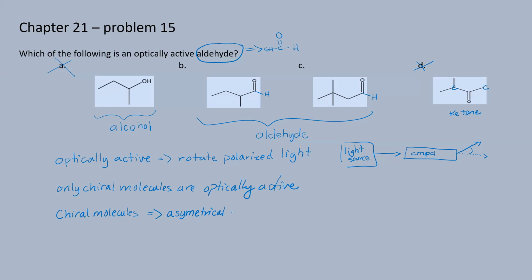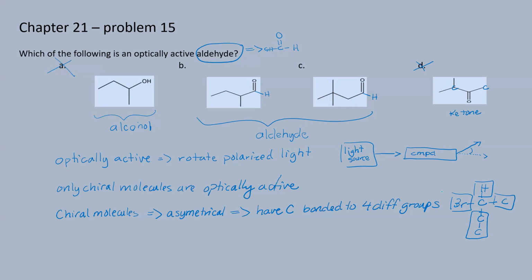But what causes the asymmetry is you have a carbon bonded to 4 different groups. So for example, if you had a carbon with a hydrogen, a carbon, a 2-carbon chain, and a bromine. So these are 4 totally different groups.